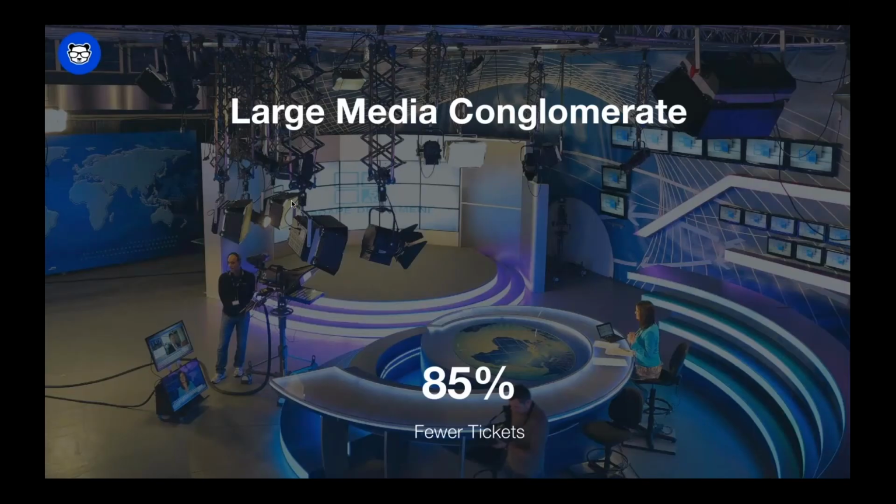The first one is a pretty large media conglomerate whose stated mission is to reimagine television, and they're literally a household name with any number of TV channels, video on demand, online streaming, and so on and so forth.